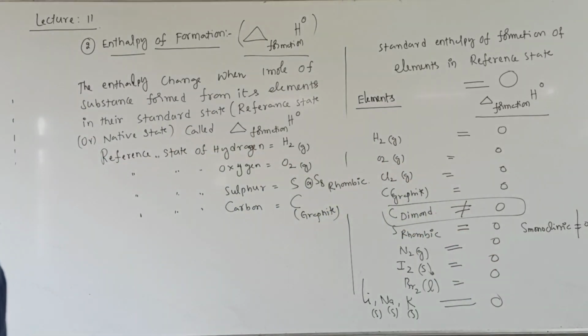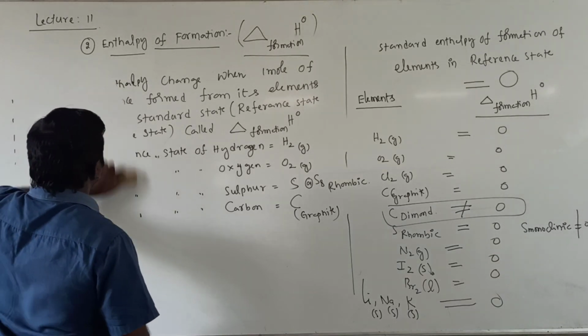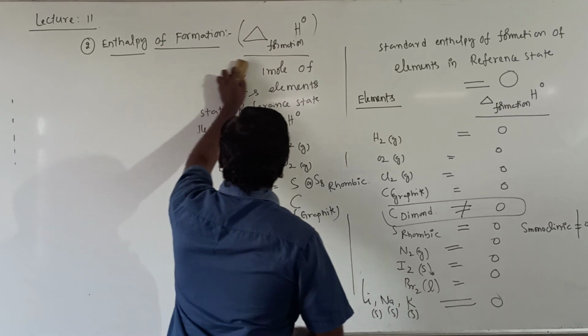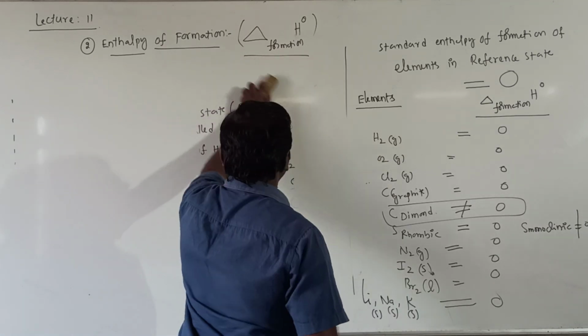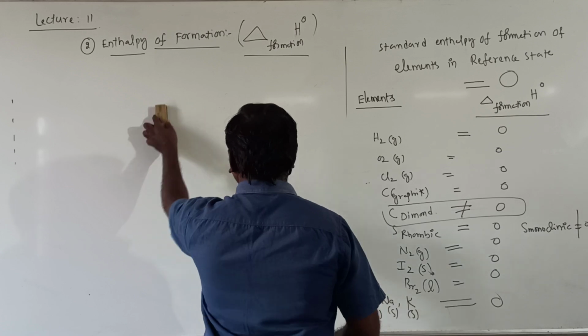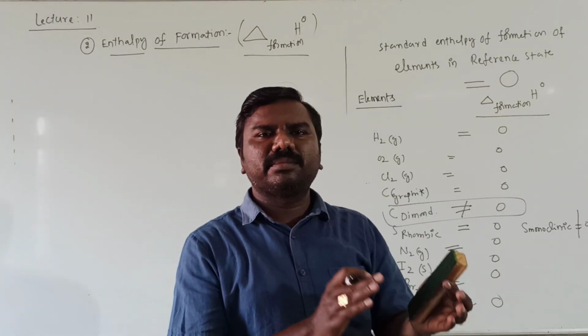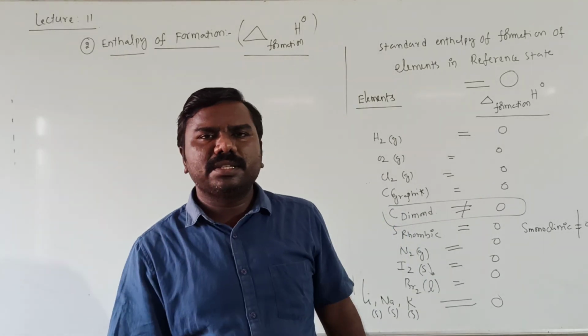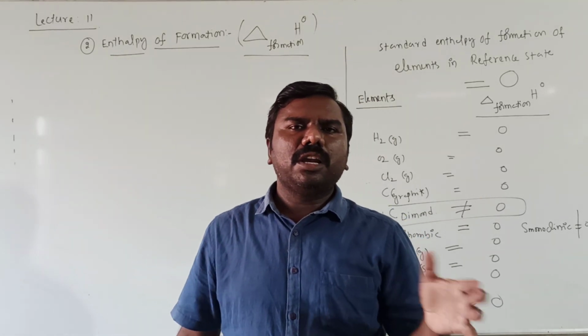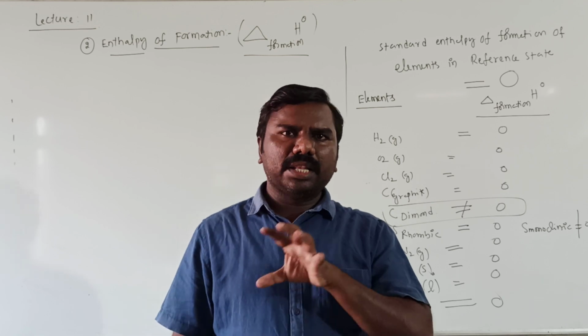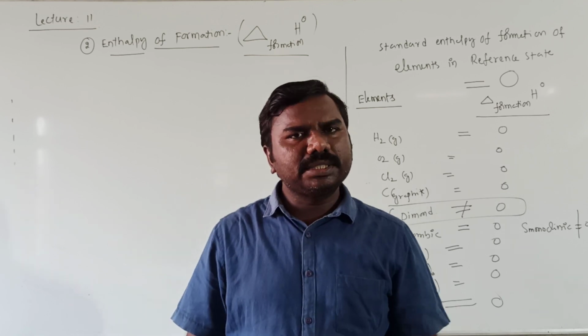Now, what is the formula for enthalpy of formation? As we discussed in the last video, enthalpy of reaction is equal to product enthalpies minus reactant enthalpies.